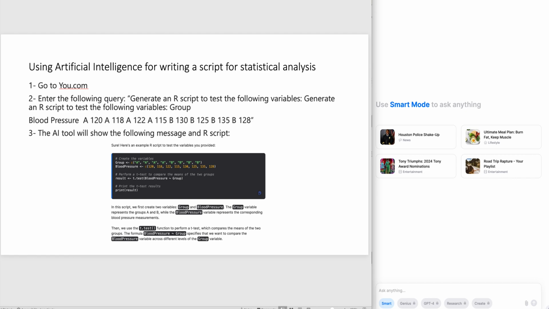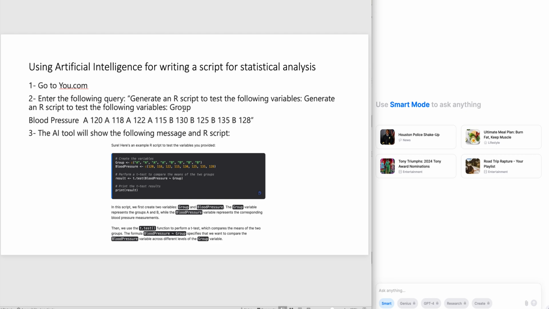The data set is as follows: A 120, A 118, A 122, A 115, and it will continue with all of the systolic blood pressure measures for each individual in group A, 1, 2, 3, and 4, and here for group B, 1, 2, 3, and 4 individuals.